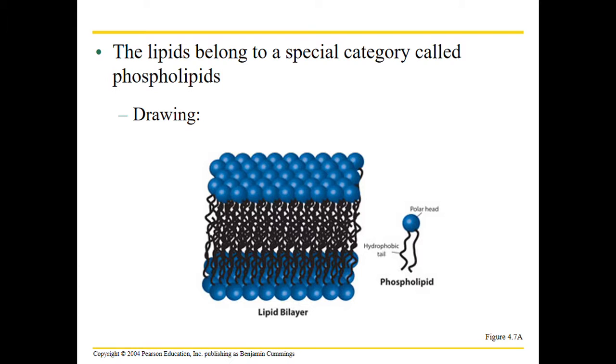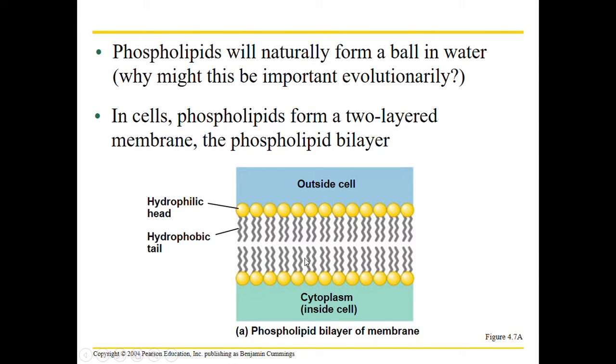We've got these phosphate heads that are okay with water, with water out here in the fluid environment, and this bilayer is how we control what goes in and out of the cell. So phospholipids naturally form a ball in water, which helps form the phospholipid bilayer.